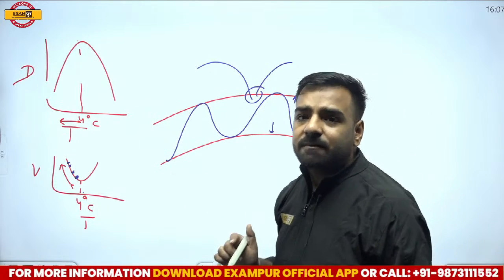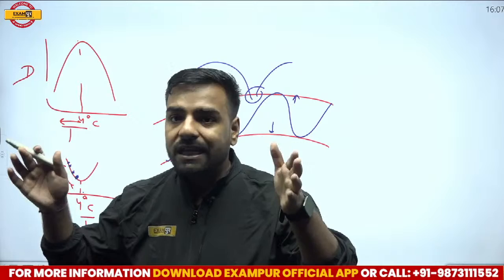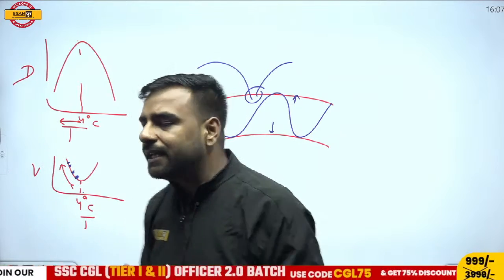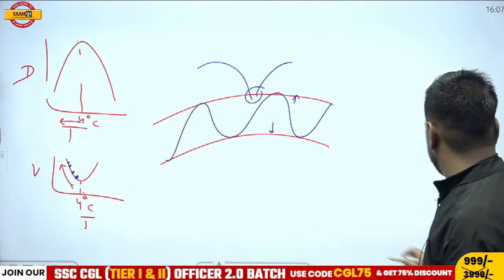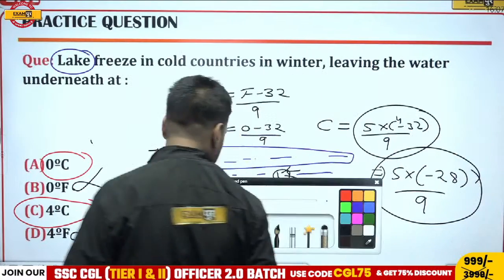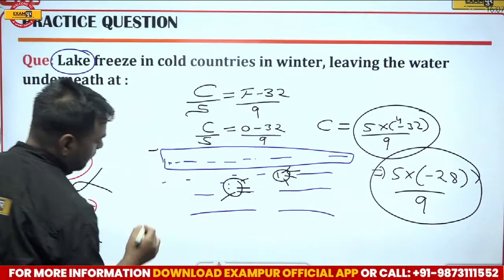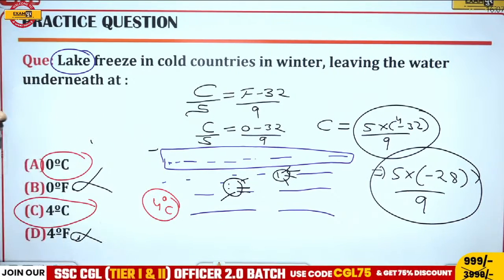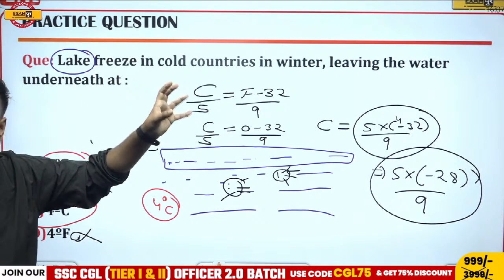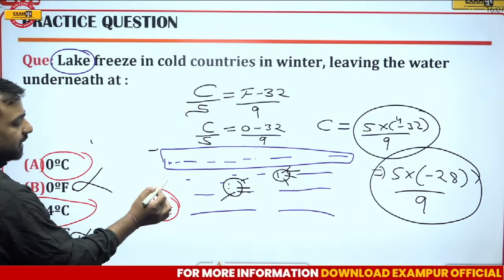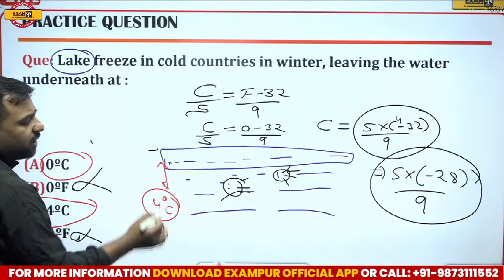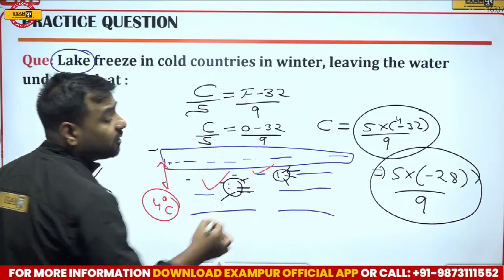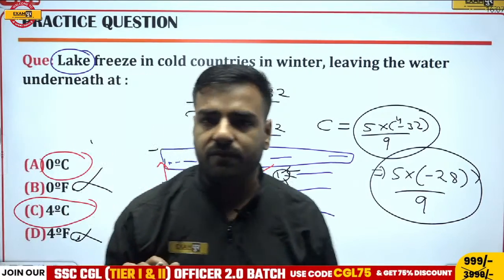In a similar manner, if I talk about a lake, what is happening? In the lake, the temperature which is possible, I'll just show here. At the lowest part, it is around 4 degrees centigrade because of the logic of all those graphs and density. The temperature of the water will remain 4 degrees centigrade, because of which the fishes and all the aquatic animals can actually survive, right?